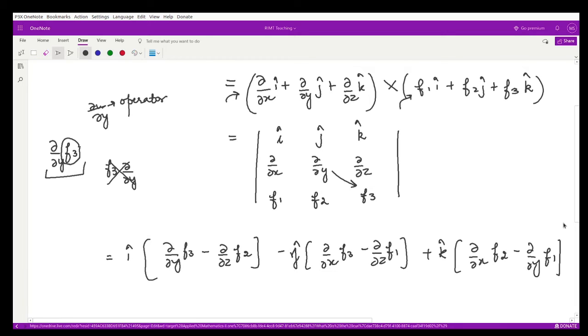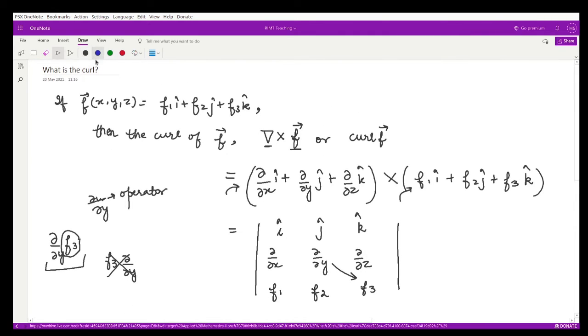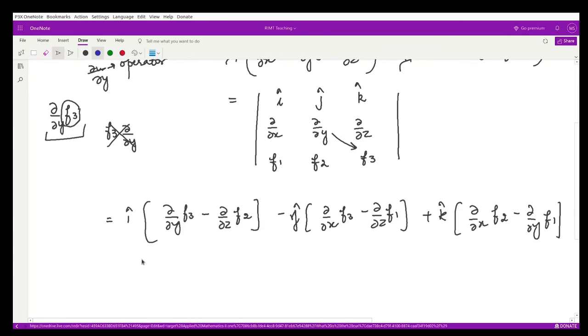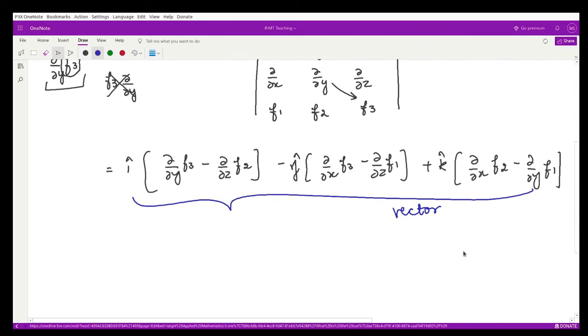Now you notice that when you perform the curl operator on the vector f, you are inputting a vector and as a result you are getting a vector, because it has the components unit vector i, j and k.